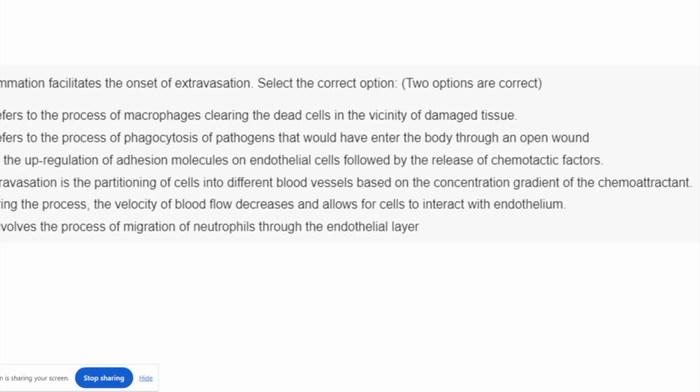And we have our next question here. Inflammation facilitates the onset of extravasation. What are two correct options here regarding this inflammation? Last two options. Okay.